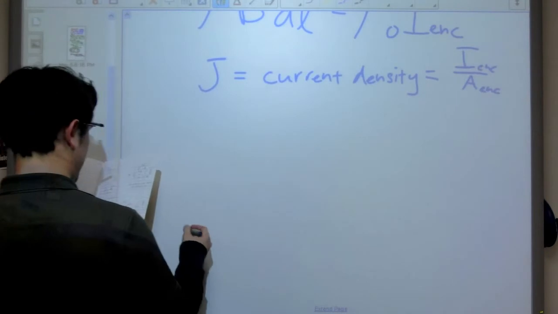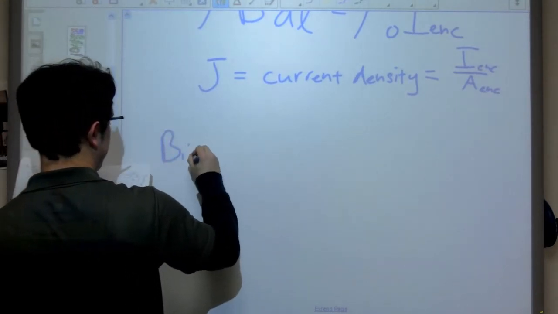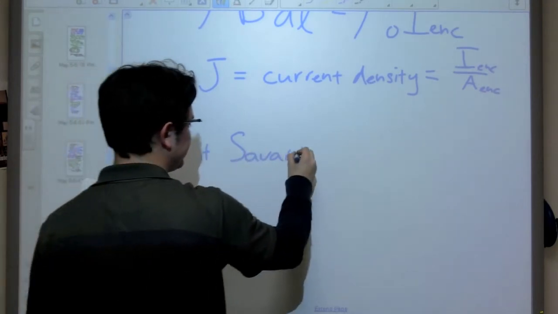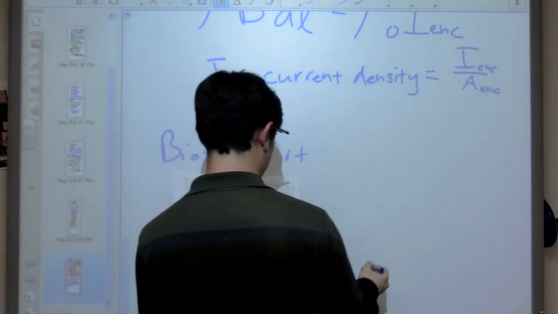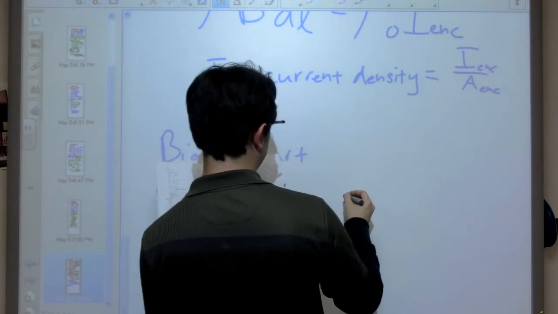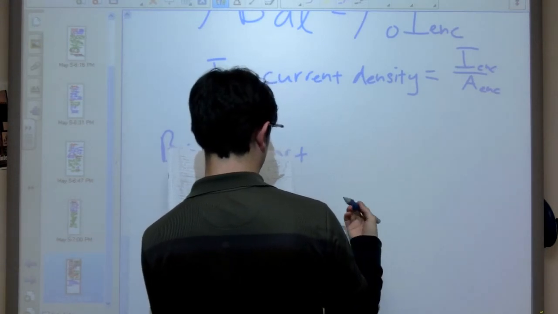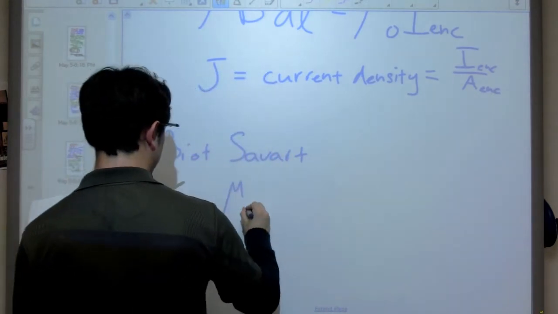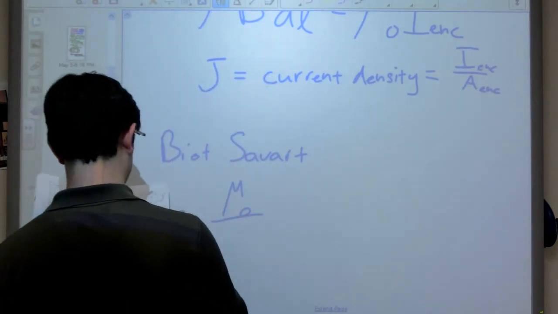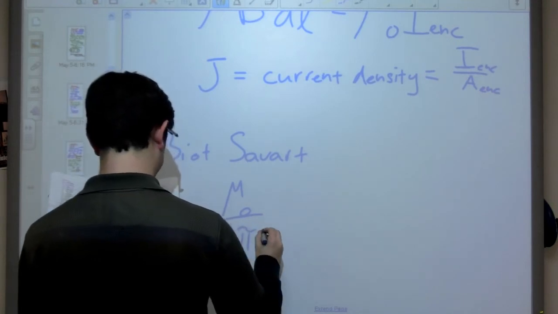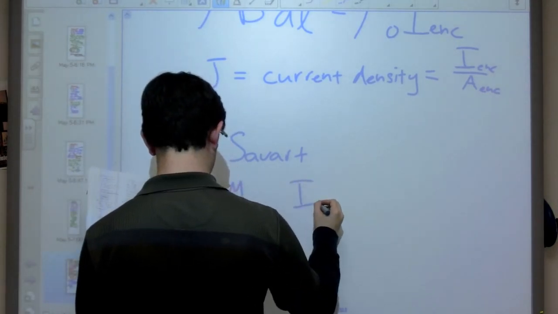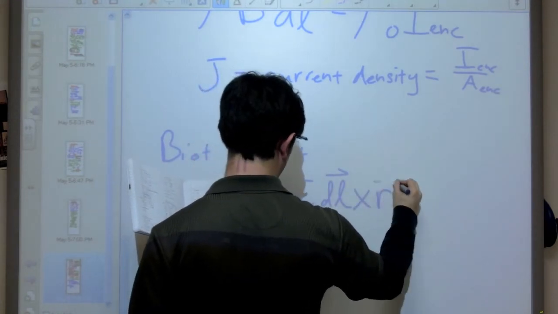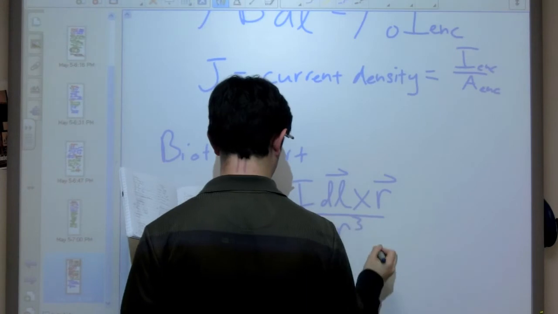Next one we're going to talk about a bit is Biot-Savart. It is unpleasant, but we'll take a look at it real quick. Now you'll see it in a couple different forms. There are integral forms, there are other forms, but for the most part it looks something like this. Mu naught over 4 pi times the quantity of our current dl cross r over r cubed.